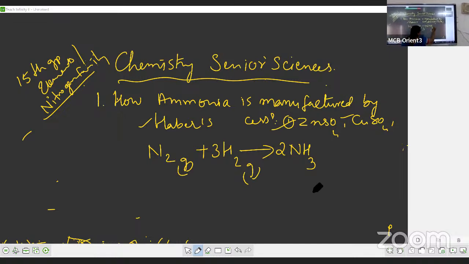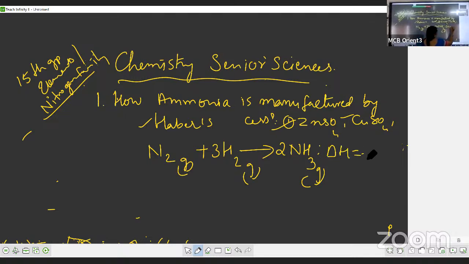Here delta H is equal to minus, because it is an exothermic reaction, 92.3 kJ, kilojoules.